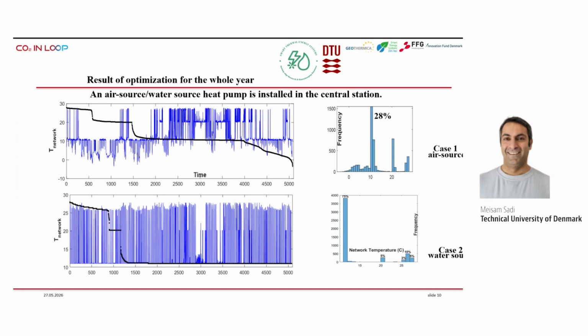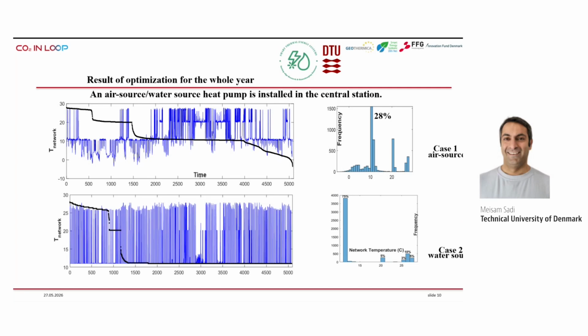And when we have an air source heat pump, case 1, we know that with the air source, the variation of temperature is higher in this case, and 28% of the time we see a temperature of 11 or 12 centigrade, which is about 284, 285, yes, Kelvin.